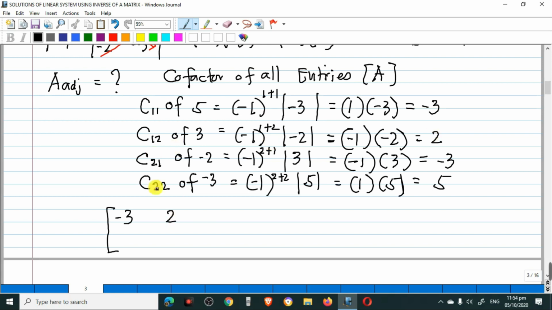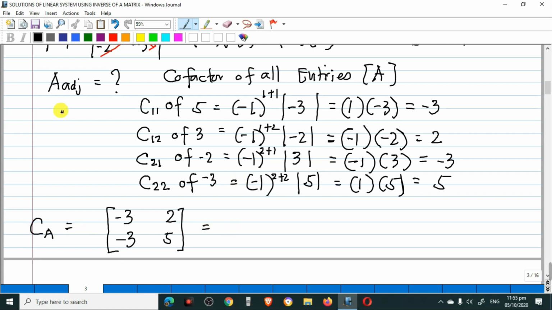We have the second row, first column, we have negative 3. And the last element will be the second row and the second column is 5. Hindi pa ito yung classical adjoint. Ano, ito pala yung cofactor ng lahat ng entries natin. So, in order for us to determine, ito yung cofactor, ano, cofactor pa lang to, cofactor of your matrix A. This is the cofactor.